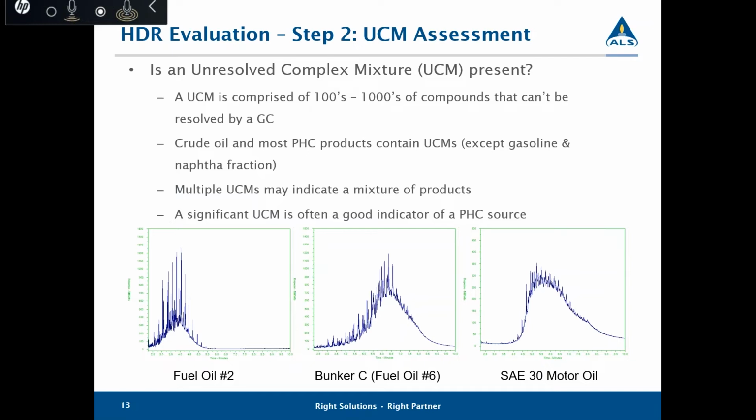Here on this slide we can see typical examples of the UCM in petroleum products. The chromatograms of most petroleum hydrocarbon products will contain a significant UCM, especially crude oils and middle and heavy distillates like diesel, kerosene, fuel oils and lubricating oils.